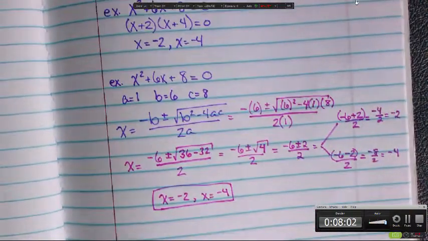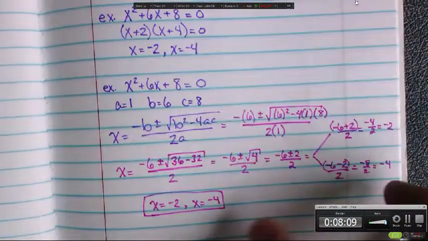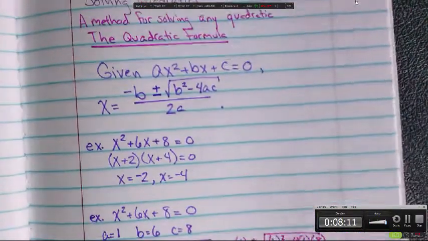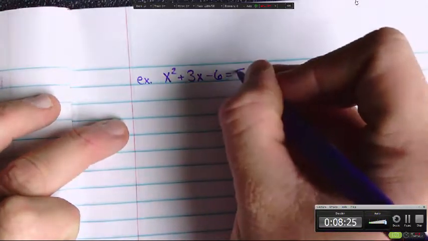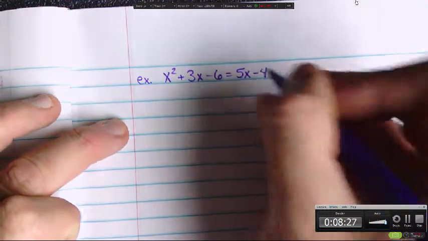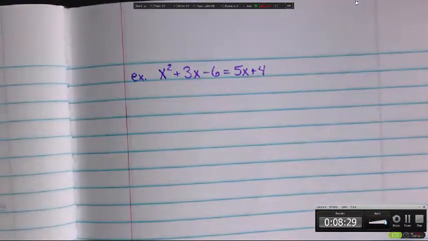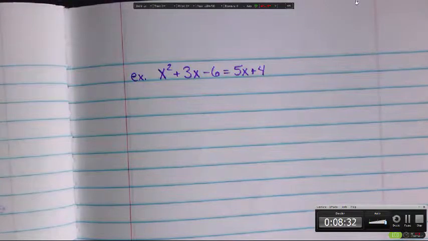Alright. Let's do some more examples. X squared plus 3x minus 6 equals 5x plus 4.